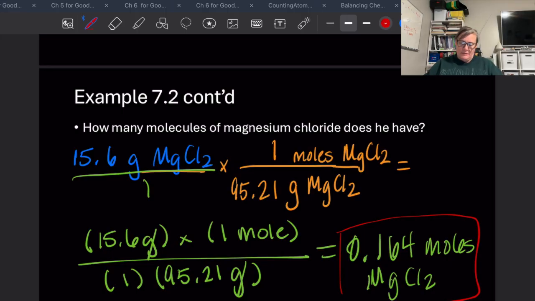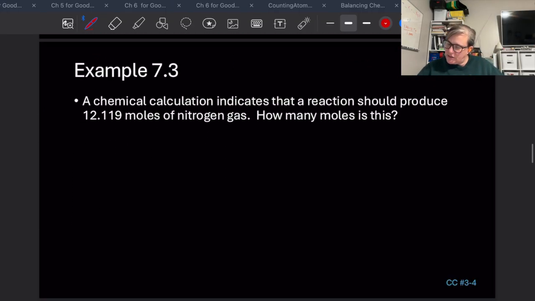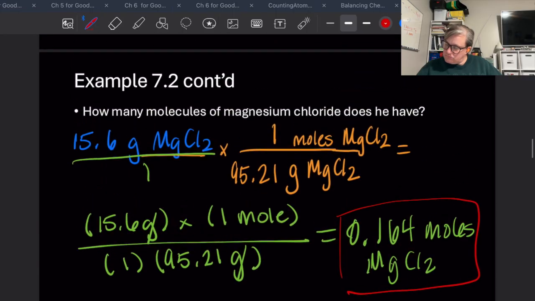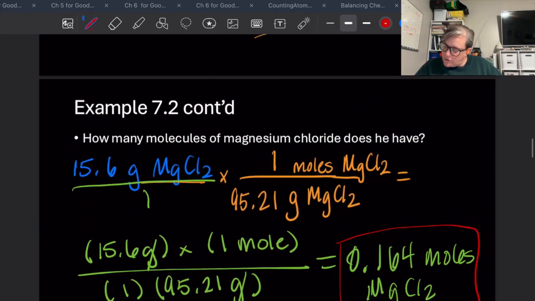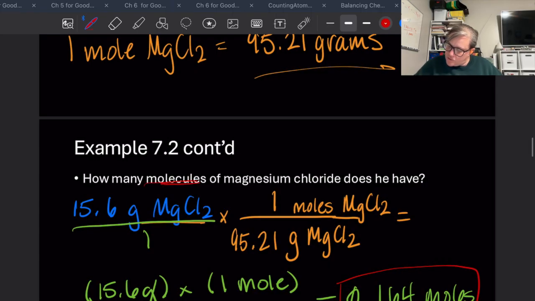Now if I look back at the example, it says how many moles does he have? And then there's one more part. Okay, so I ran out of room. We're going to call this one the moles page, and then we're just going to add a page.